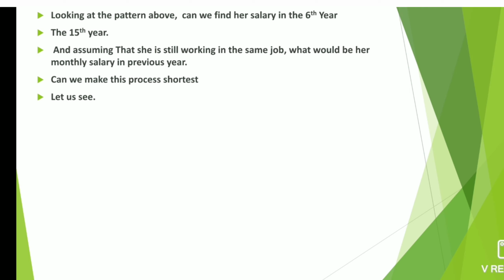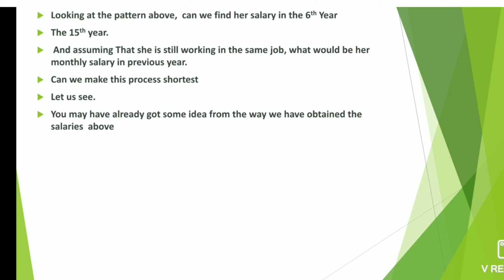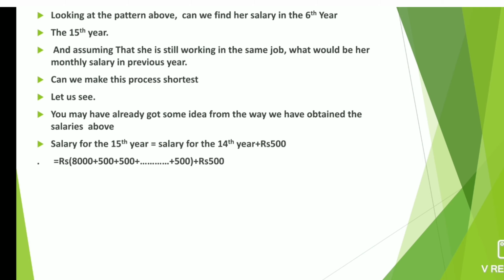Let us see. You may have already got some idea from the way we have obtained the salaries above. So what about the salary of the 15th year here? The salary of the 15th year is simply the salary for the 14th year plus 500. The salary of the 14th year can be written as 8,000 plus 500 plus 500 plus 500 and so on up to 500.